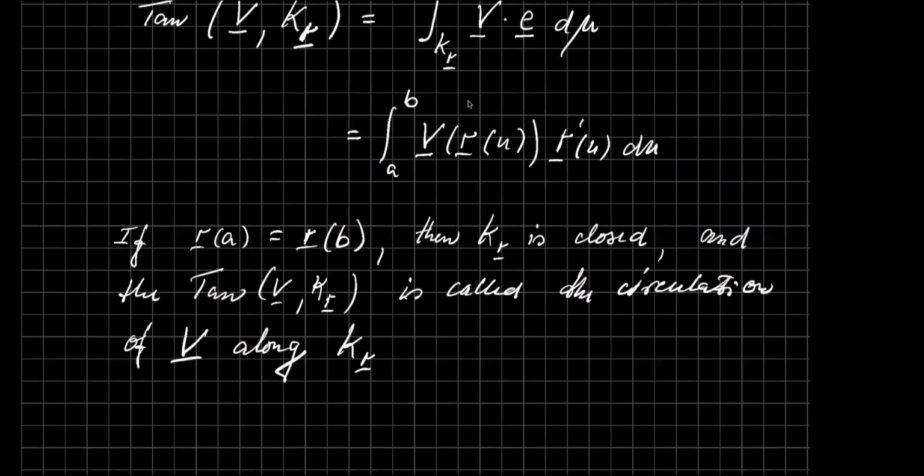Sometimes, in order to illustrate or emphasize that this is a closed curve, you put a small circle on top of this KR.